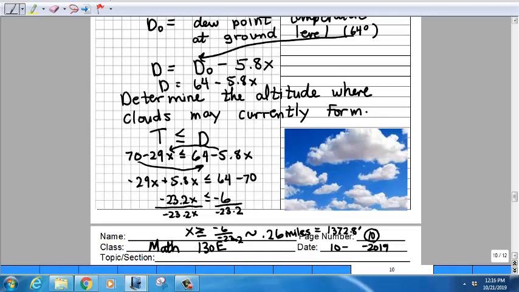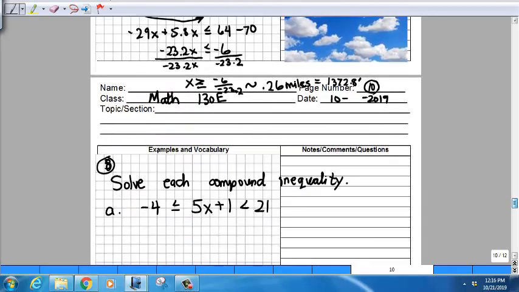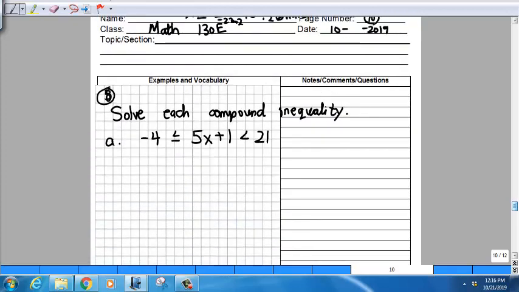Now, you usually don't see this with equations, but sometimes with inequalities, you'll have a string of inequalities put together, okay? These are called compound inequalities. So what this inequality is saying is that this quantity, 5x plus 1, is greater than or equal to minus 4, but at the same time less than 21, okay?